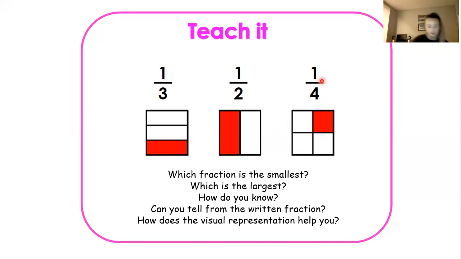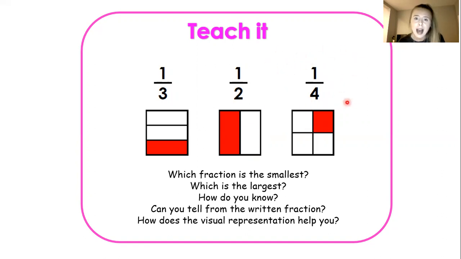Fantastic. So, looking at these then, could you tell me which fraction you think is the smallest? Brilliant. Well, hopefully you told me that the smallest fraction is actually 1/4.